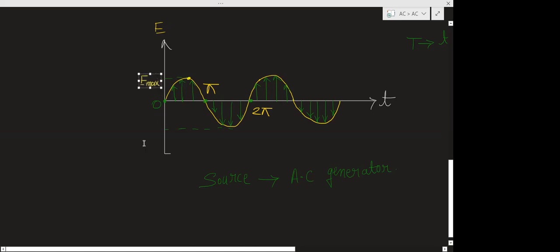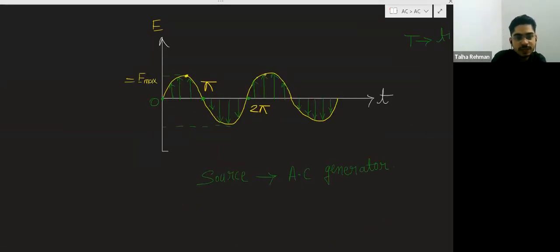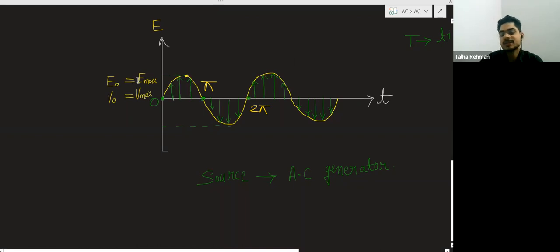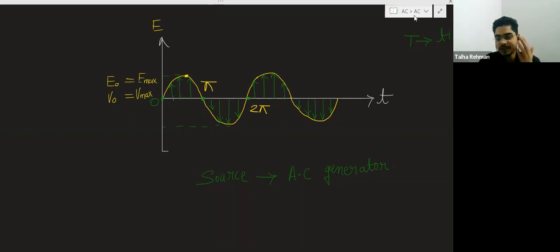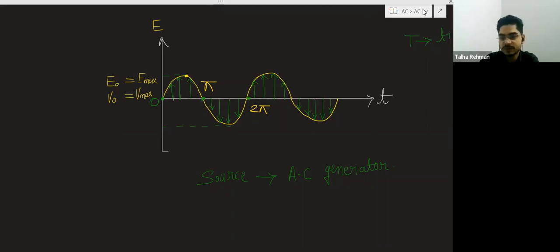So E max is also known as E naught, or you can say V naught, or you can write E max as V max also. Basically, E max is representing the EMF and V max is representing the maximum potential difference. So E is representing EMF, V is representing the potential difference.